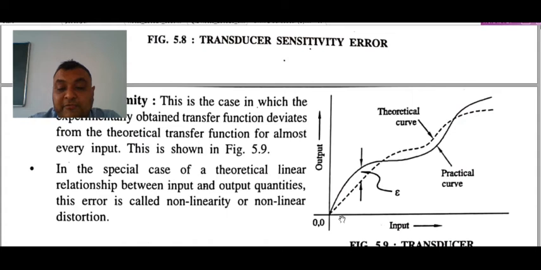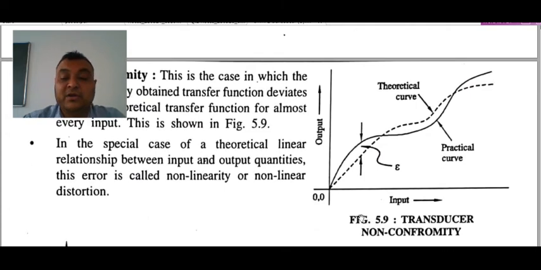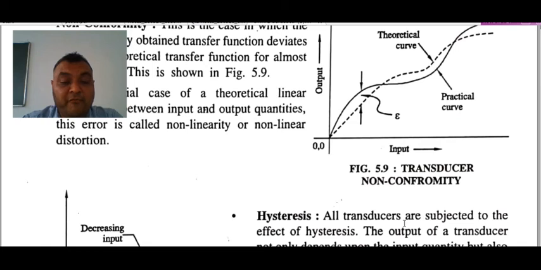Suppose this should be your theoretical value, but this is what you get as the practical value. If you compare input and output at any particular time, it will not behave the way we assume, and what we decided does not behave that way. That is the transducer non-conformity. So this graph shows you the transducer non-conformity.